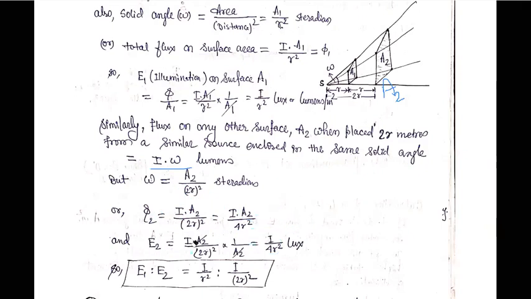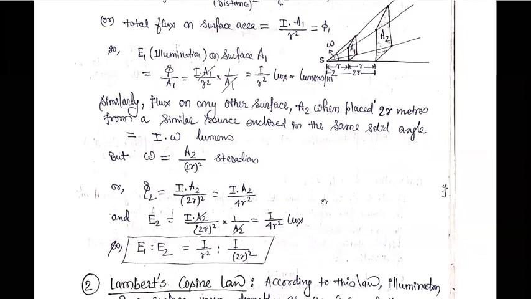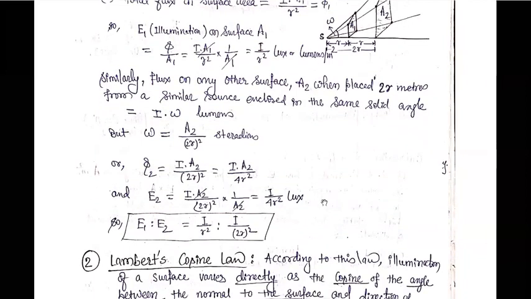So this proves that if we consider any area in the same manner, the illumination is inversely proportional to the square of the distance between the source and the surface. तो ये हमारा है लॉ ऑफ इल्यूमिनेशन का फर्स्ट लॉ. एनी डाउट?